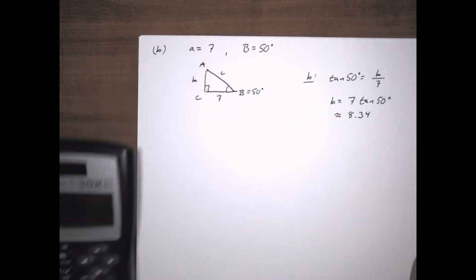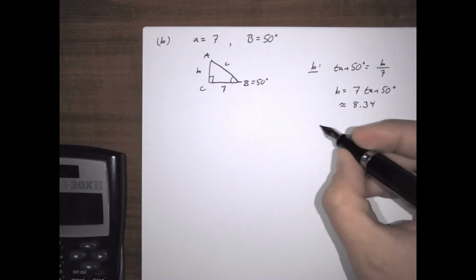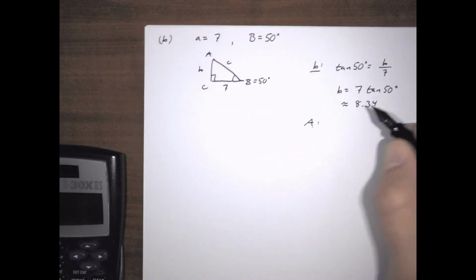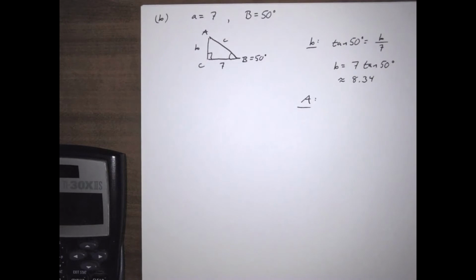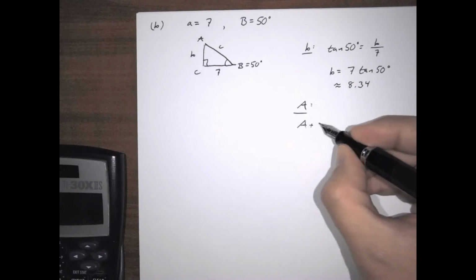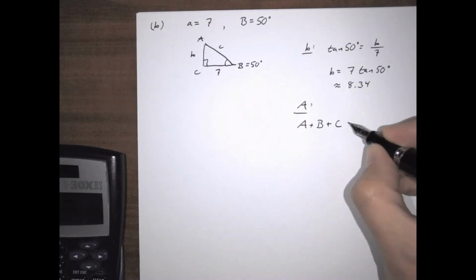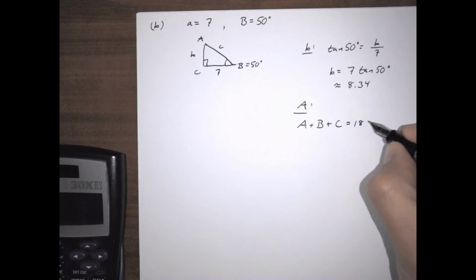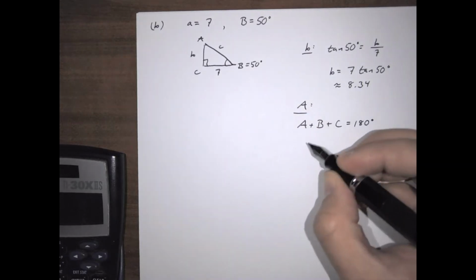Okay? Duly noted. Now, let's say I want capital A. Well, I already have 2 of the angles in play here, so I'll just use that A plus B plus C all equal 180 in all triangles. This will be the case, right or otherwise.